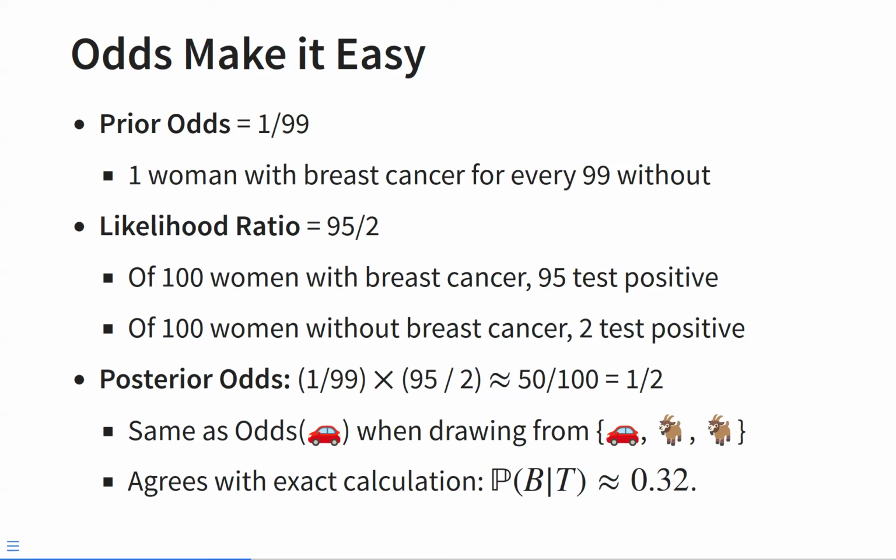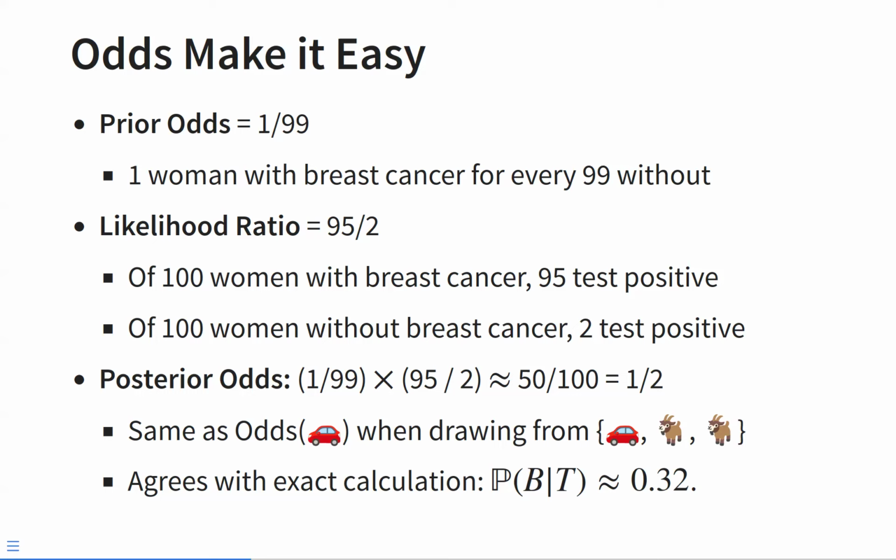How come? Well, of 100 women with breast cancer, 95 are going to test positive. That was stipulated in the problem statement. And of 100 women without breast cancer, 2 are going to test positive. That was also in the problem statement. So the likelihood ratio is 95 over 2. So all we've got to do is multiply these two things together.